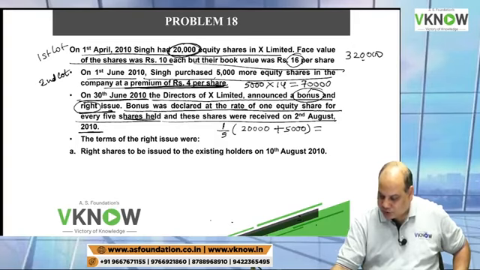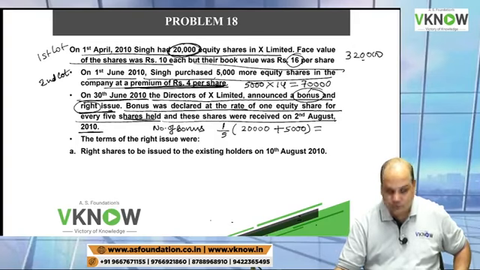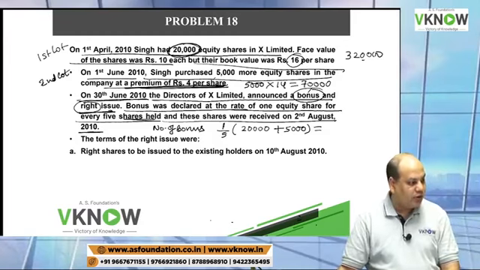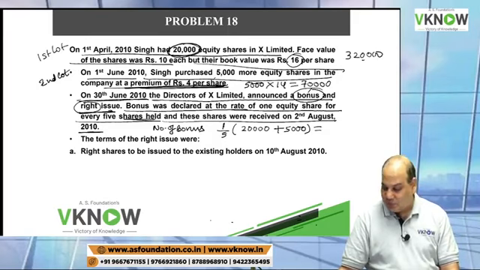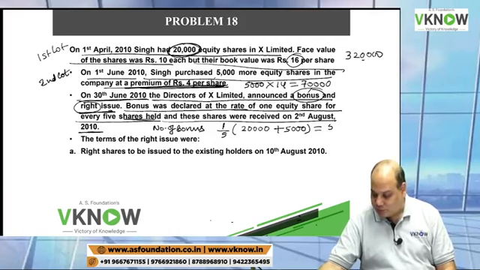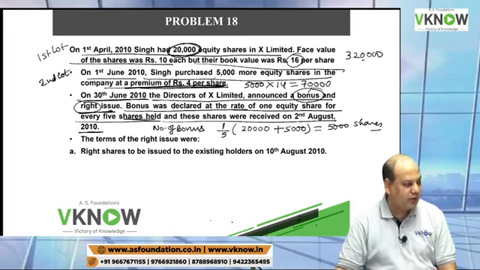Please tell me how many bonus shares will be received. Total number of shares held before bonus issue is 25,000 into 1 by 5. So 5,000 bonus shares will be received.